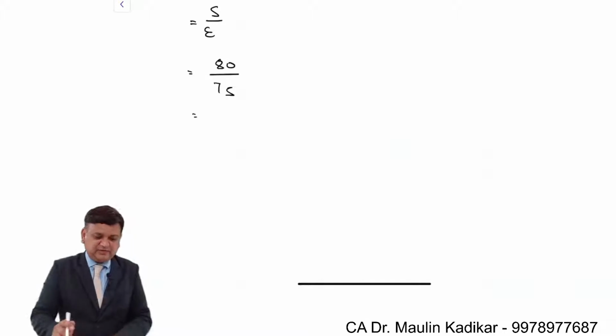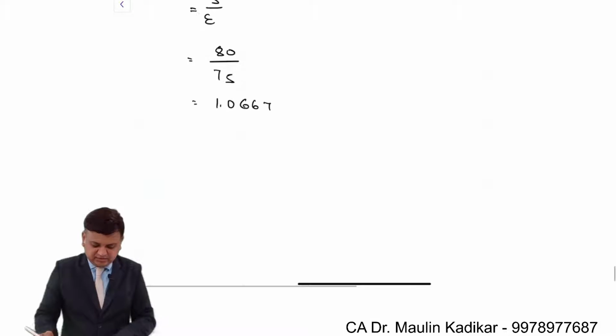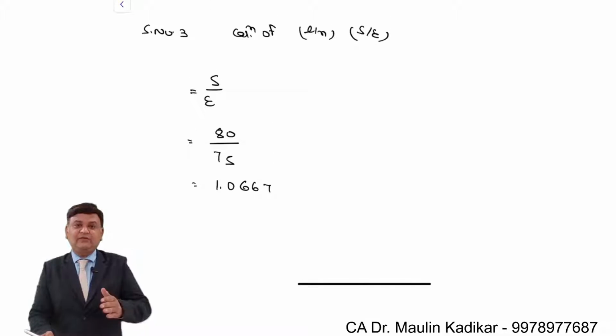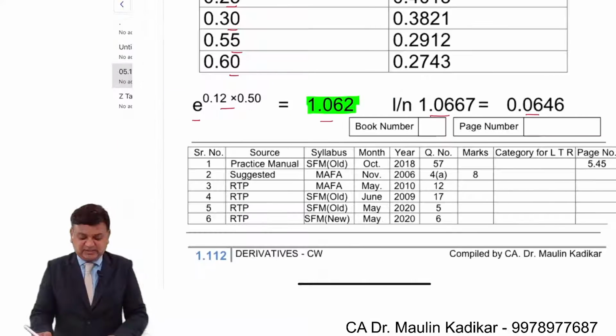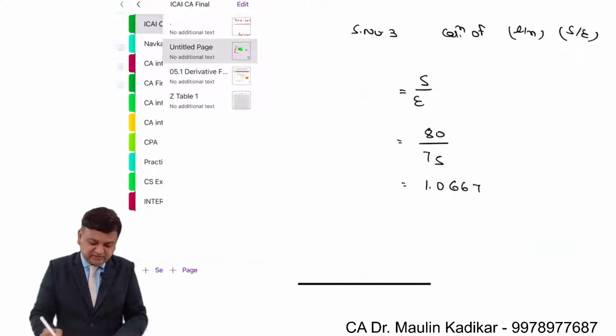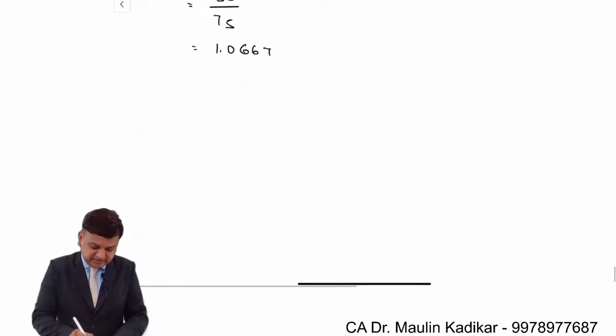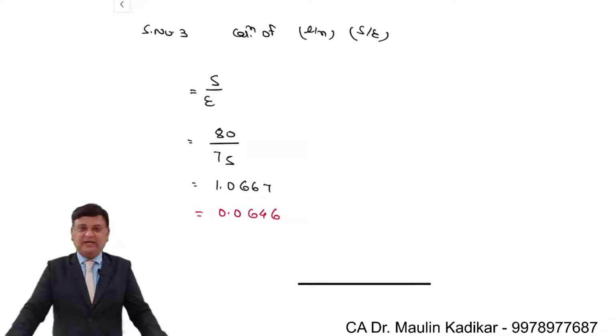So 80 upon 75, 1.0666, so 1.0667. Now friends, you do not have to do any further process, because the question is providing you the ready-made answer of ln S divided by E, and it is 0.0646. Simple. So over here the answer will be 0.0646. That is the way ln S divided by E can be calculated.